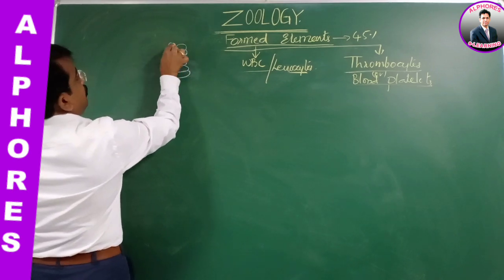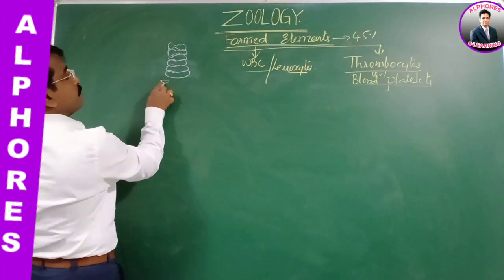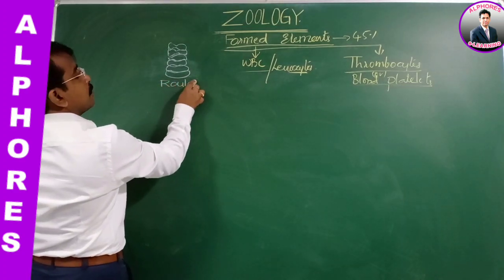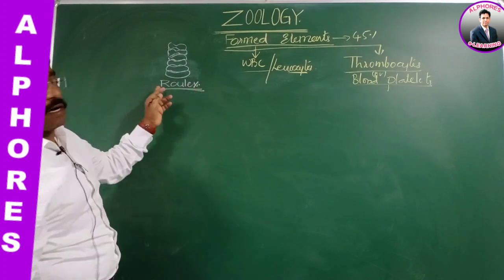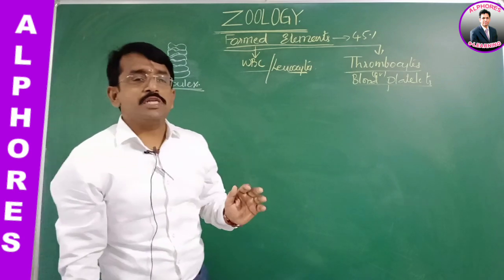This is the method of arrangement of the RBCs, which is named the Rouleaux method, R-O-U-L-E-X, the method of RBC arrangement.